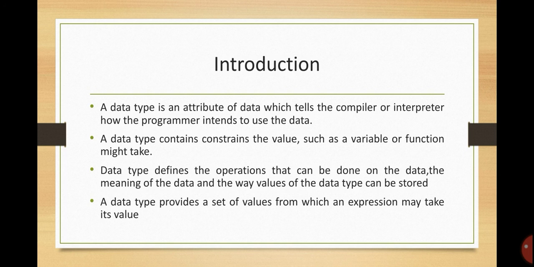By knowing that this is the type of data that you want to use in your program, it makes it possible for the computer to create storage or memory to store that kind of data. So a data type provides a set of values from which expressions such as variables, functions, and other identifiers may take.